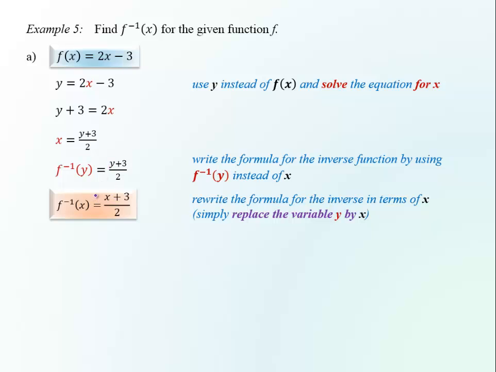So the replacement of letters happens at the very end. I prefer if you will solve for x first and then interchange x and y, rather than otherwise. Because imagine if those are not x's and y's, and let's say we deal with a function that refers to some word problem. For example, it could be like c and t. C could stand for cost, t for time.